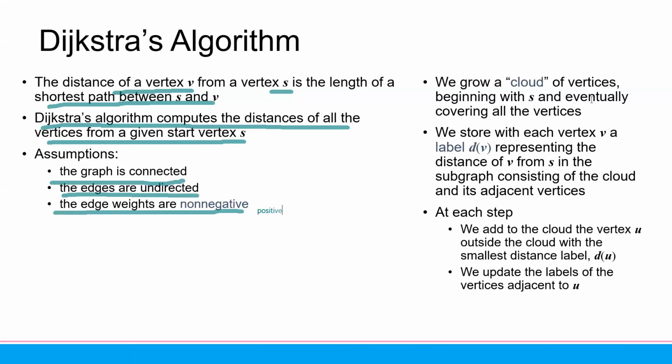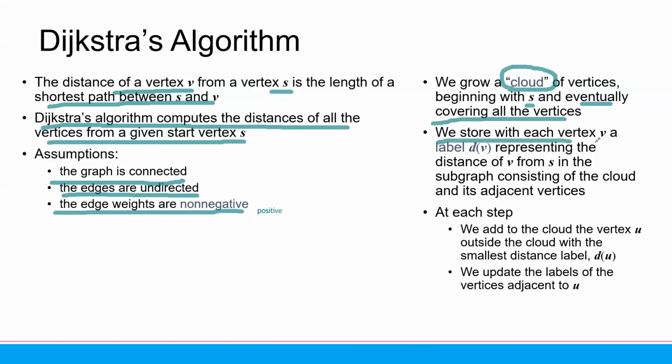We grow a cloud of vertices. We call it a cloud because we save all the vertices into one repository before we select them. We grow a cloud of vertices beginning with S and eventually covering all the vertices.